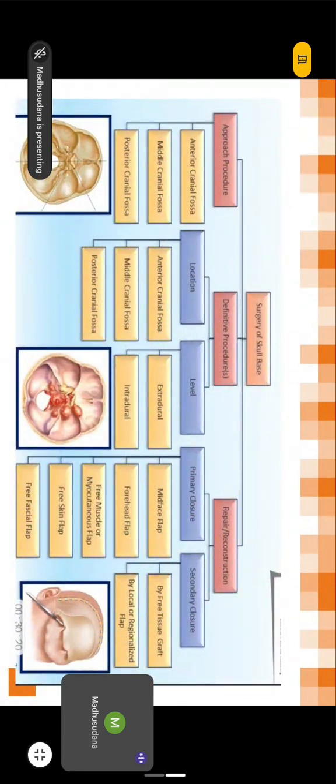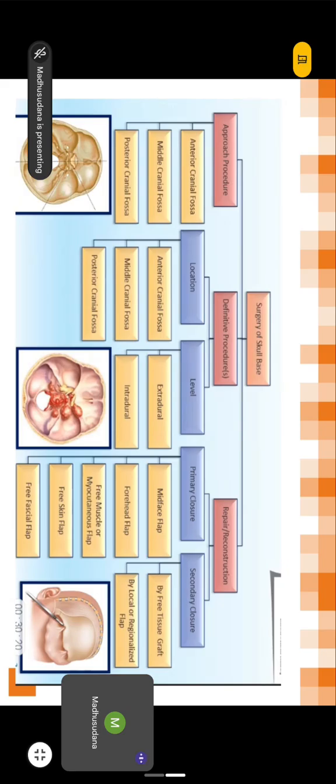Okay, see, surgery of skull base is mostly based on the approach procedure, definitive procedure, and repair or reconstruction. What type of procedure has to happen? So approach is anterior cranial fossa, middle cranial fossa, or posterior cranial fossa. Where exactly is it reaching?